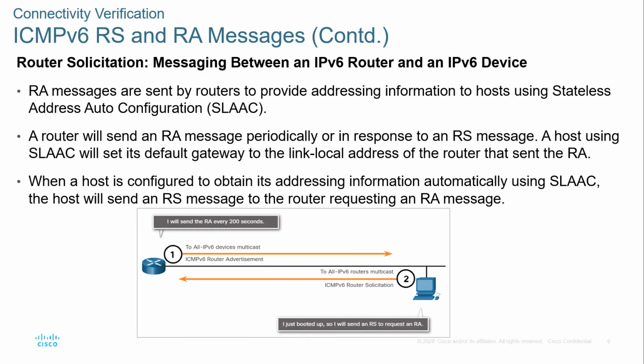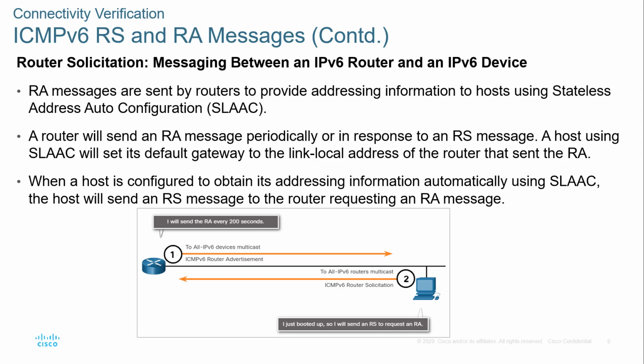So the router solicitation message is between a router and a device. Every so many seconds, the router will send a message to all IPv6 devices. That way, any newly powered on device should receive a router solicitation message saying, here's the router information, here you go. They will respond with a router advertisement.